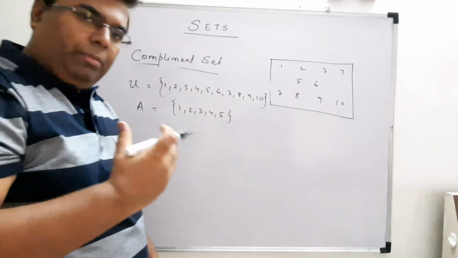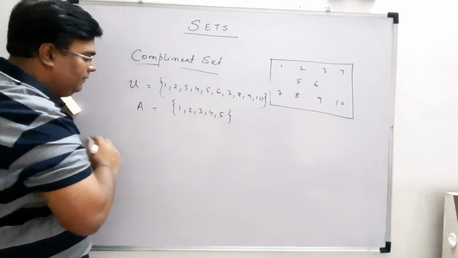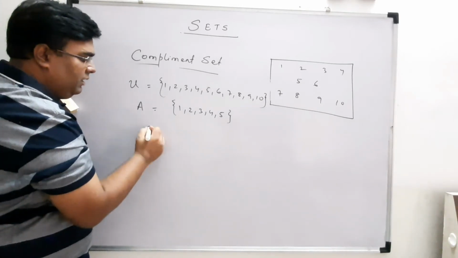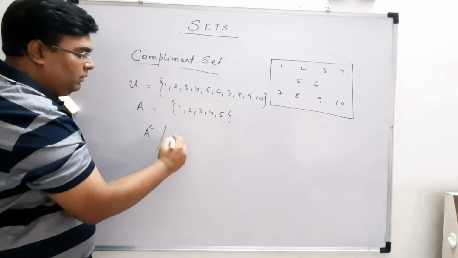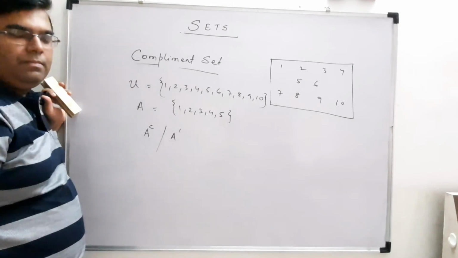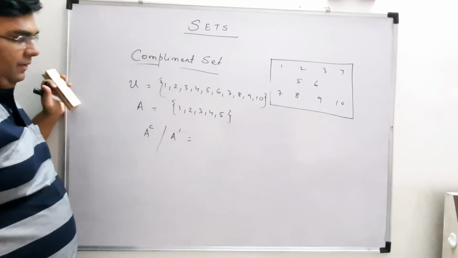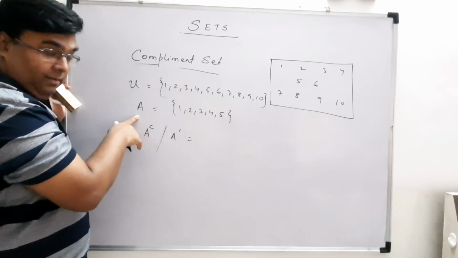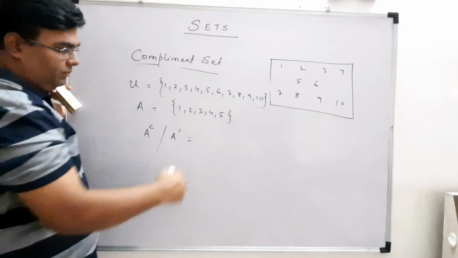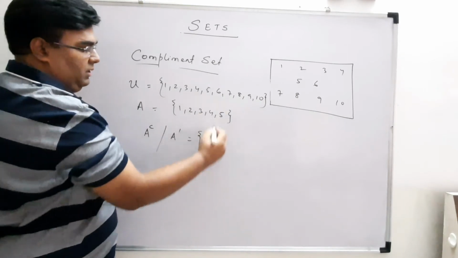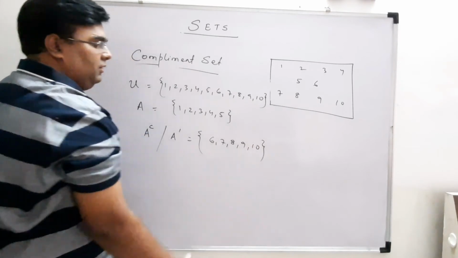So the complement of a set A, which is written as, either you write C there on the top, or you can just put a dash. A complement is basically those elements which are not in A but they are in U. For example, 6, 7, 8, 9, right?